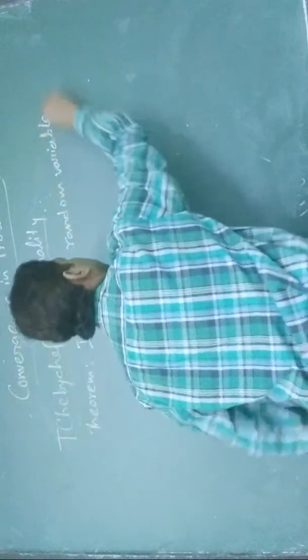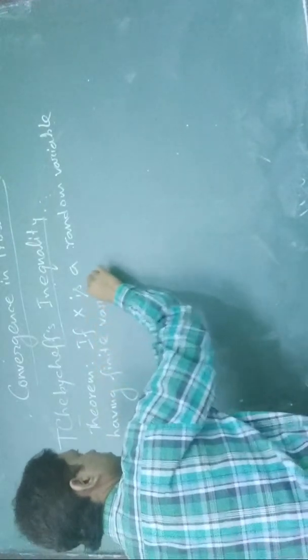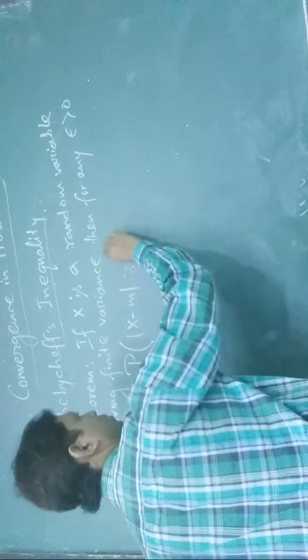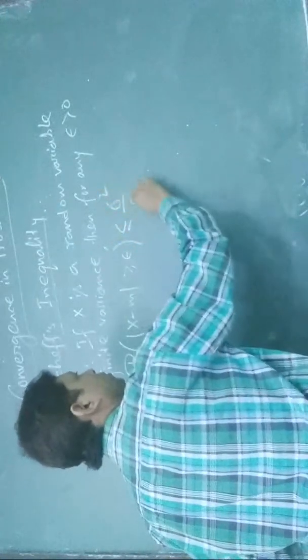X is a random variable having finite variance, then for any epsilon greater than 0, probability of... this is known as Chebyshev inequality.